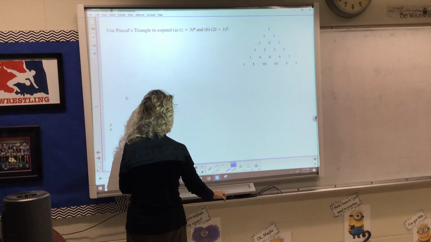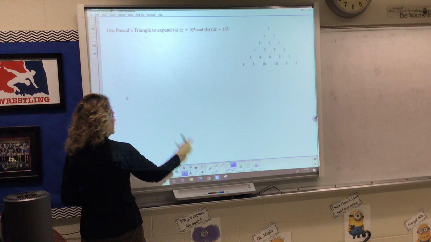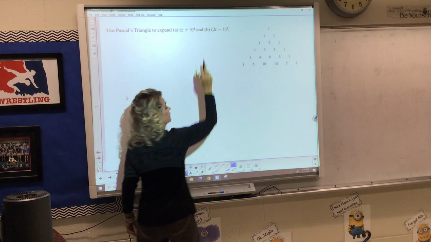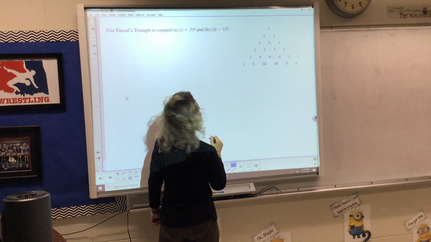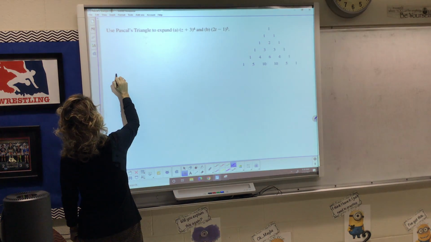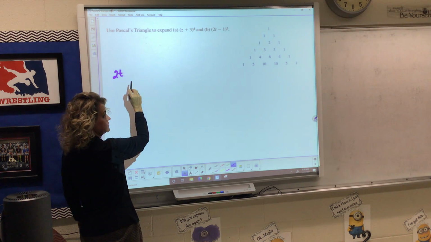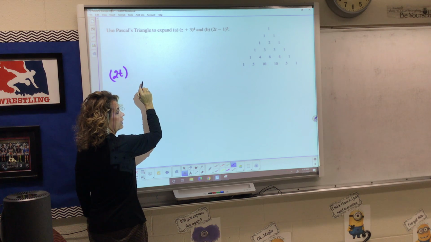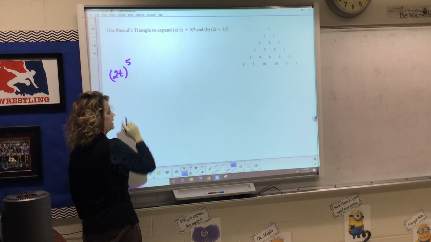So I need it to the 5th power. So what is my first term in this? 2t. So I have 2t, yes? To the what power? To the 5th power, yes?